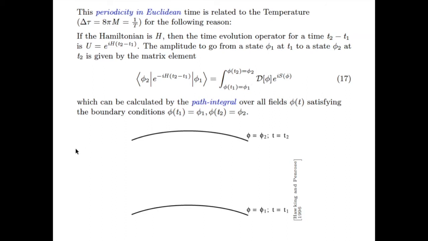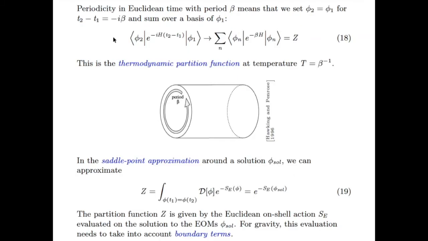If you go to the Euclidean time now, the following thing happens. t2 minus t1 is minus i beta, where beta is the period of Euclidean time. And the periodicity means that we set phi 2 equals phi 1.